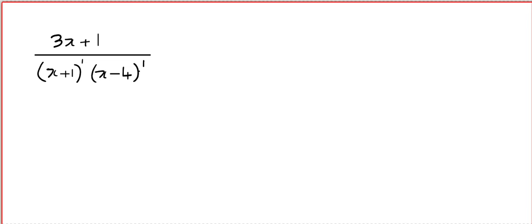So let me keep some conditions here so that you can apply the method of suppression. Degree of numerator should be less than degree of denominator. That is obvious here, because the denominator is a quadratic and the numerator is linear. Second thing, the denominator should be in factor form, where every factor will have order 1.